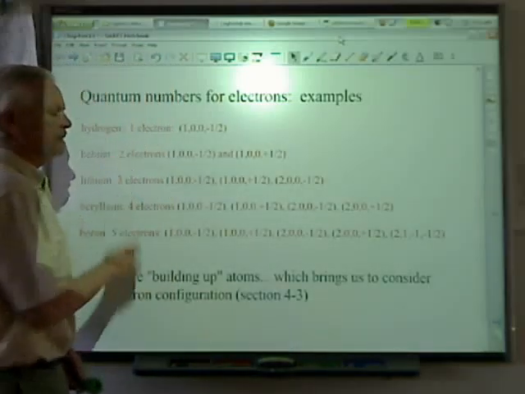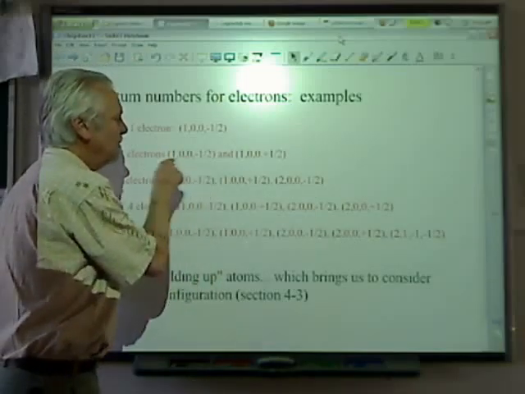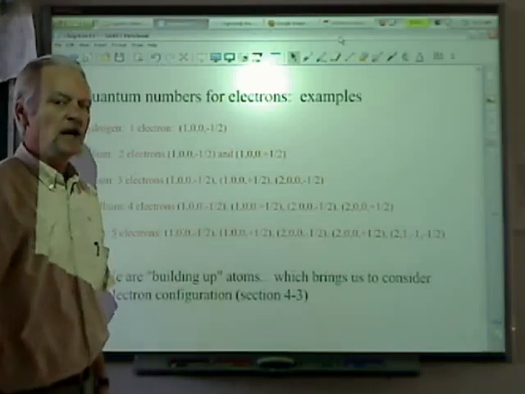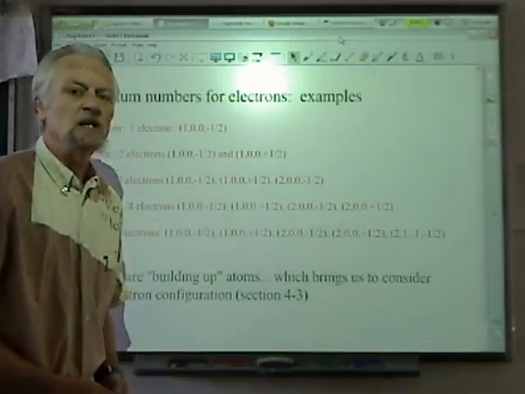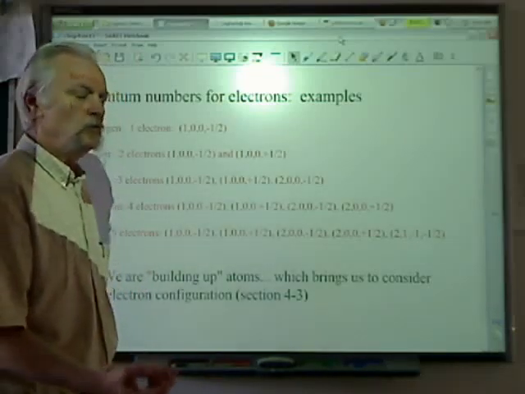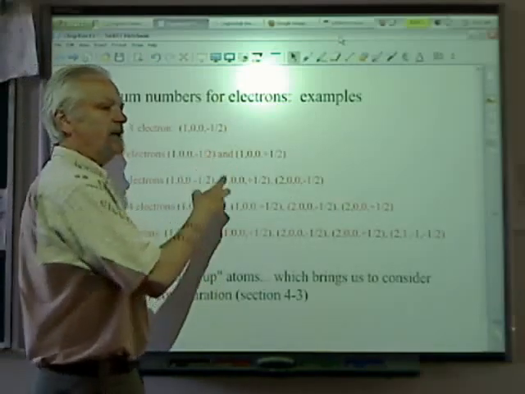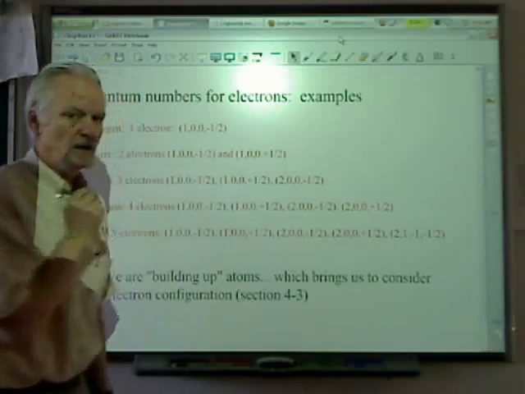If we move to a helium atom now, we have 2 electrons. Notice that the quantum numbers for the first electron are the same as they were for hydrogen, in the sense that it's occupying the same address in a helium atom. The second electron, in a neutral helium atom, is going to take on a slightly different address in the sense that it's still going to be at the first energy level.